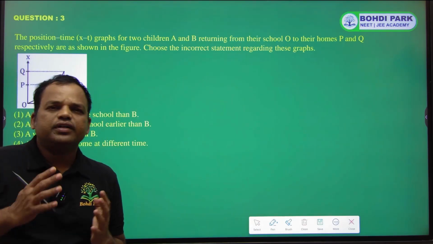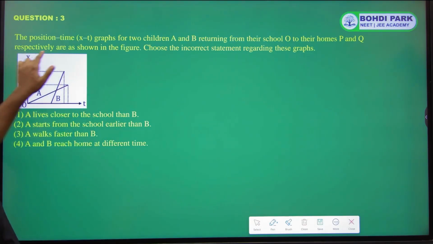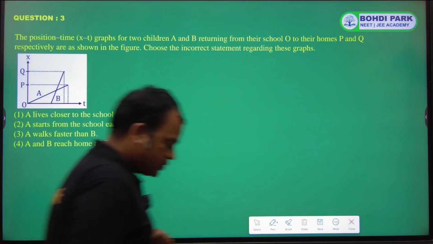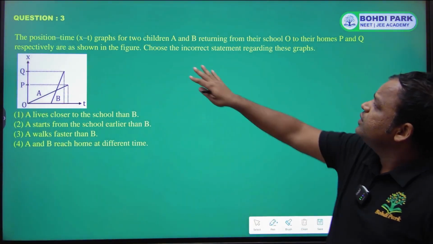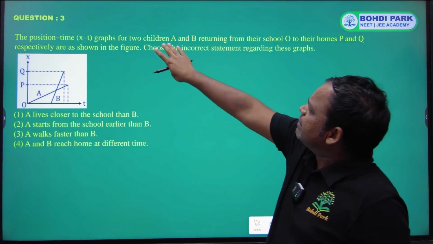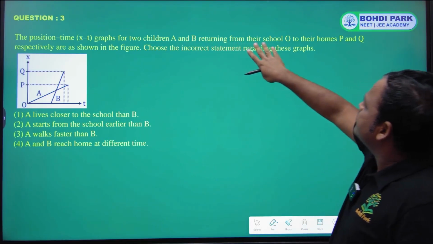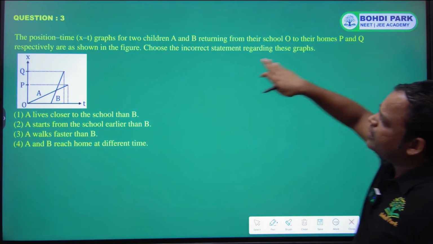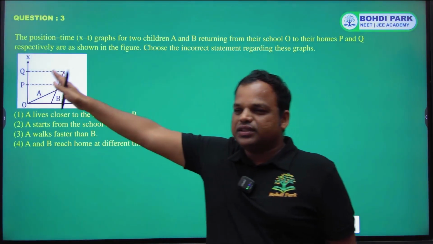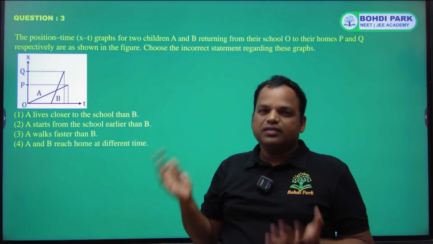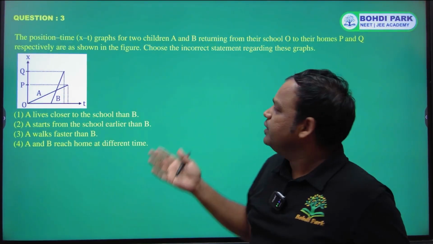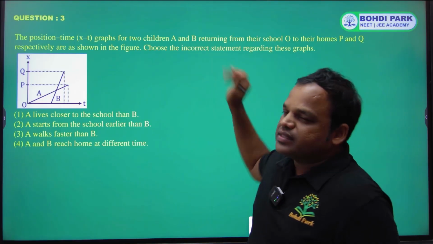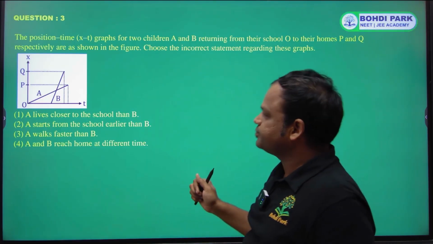Now question number 3. The position-time graph is given for two children A and B returning from their school O to their homes P and Q respectively. So this is the position-time graph for two persons. Choose the incorrect statement.